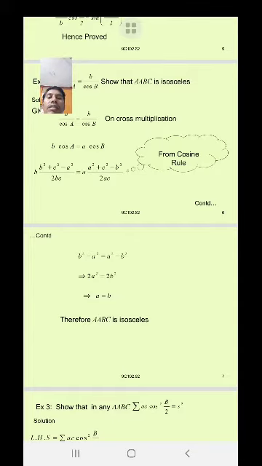Next, if minus A square goes to the right side and minus B square comes to the left side, then we get 2A square equals 2B square. So 2 cancels, and the squares also cancel.